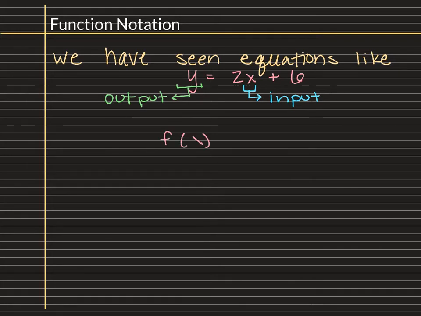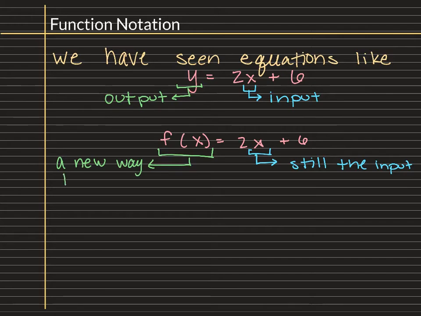Now we're going to write the same thing, but for our output, we're going to write f of x. And then we'll put everything else the same, equals 2x plus 6. Our x still represents our input. It represents what we're plugging into the equation. However, instead of writing y to represent our output, we're going to write f of x.